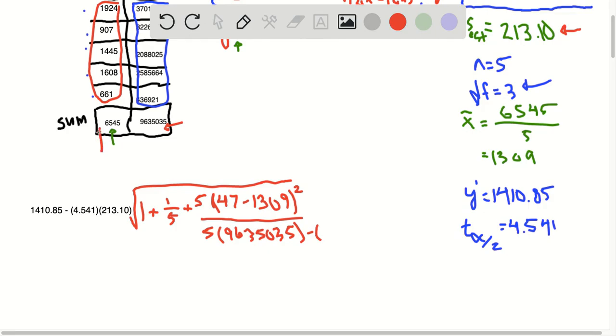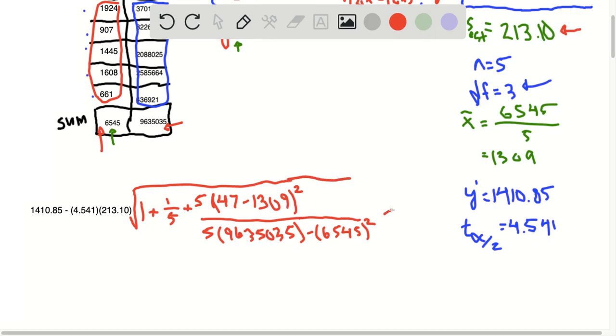The sum of our x's is going to be 6,545. So minus 6,545 squared. And we'll just go ahead and extend our division symbol and extend our square root.